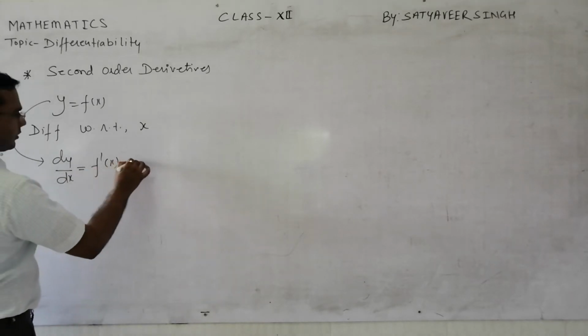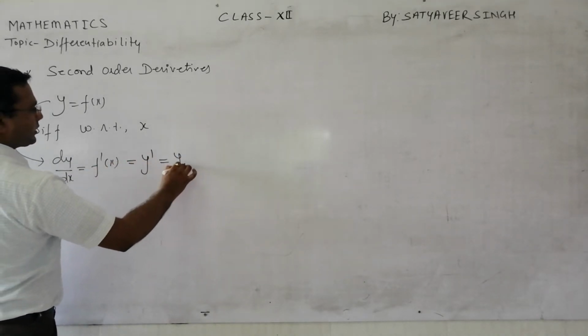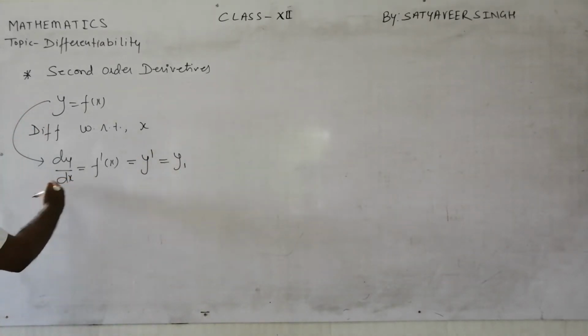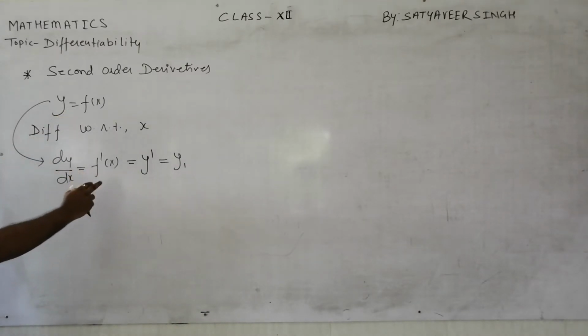We can also call this y dash. In some books you may find it is y1. This is the representation of the differentiation of the given function with respect to x one time.